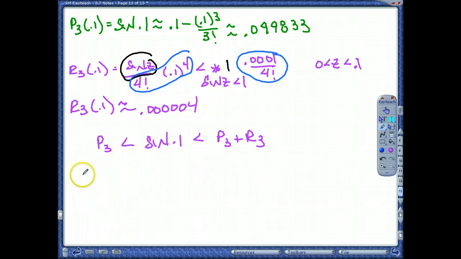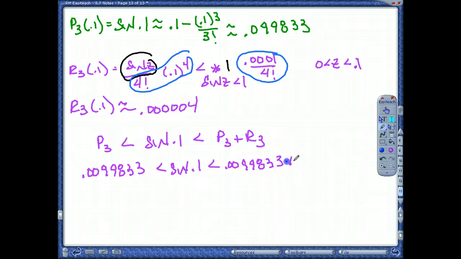Now my P3's value, remember, was 0.0099833, sine of 0.1, 0.0099833 plus 0.12. So my accuracy is pretty good.